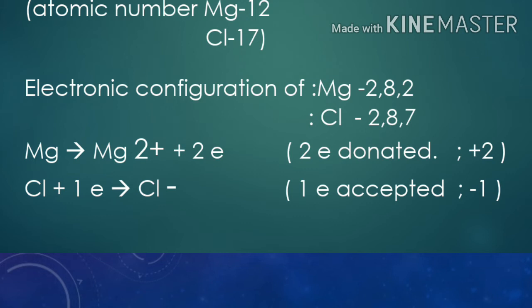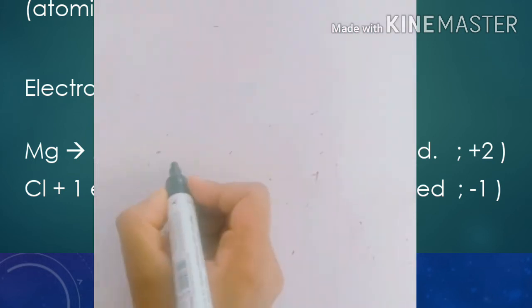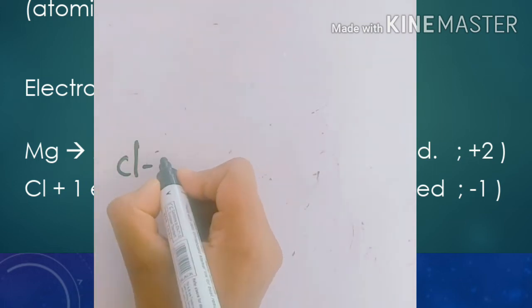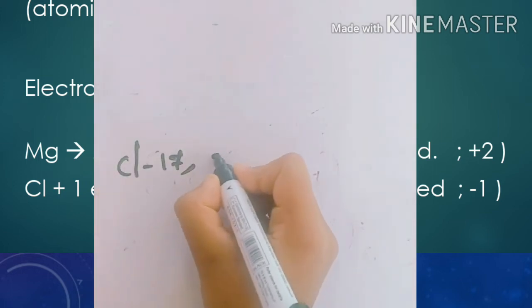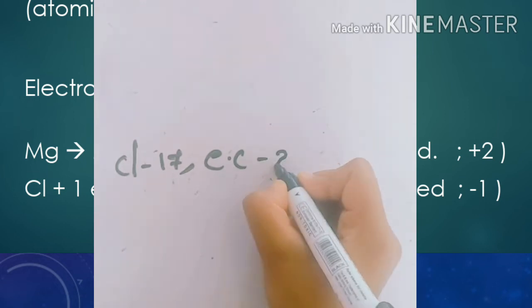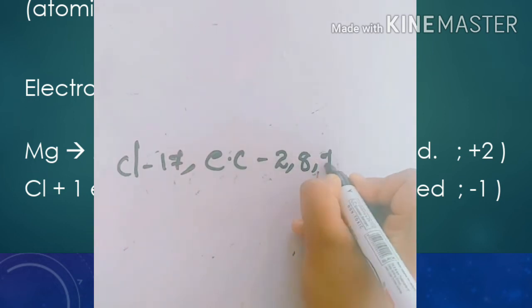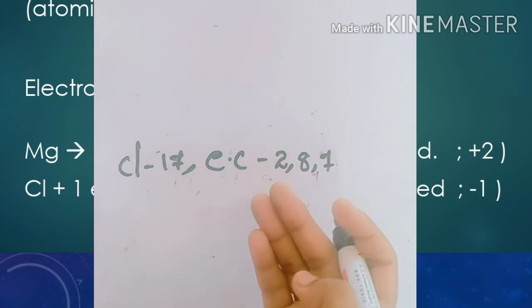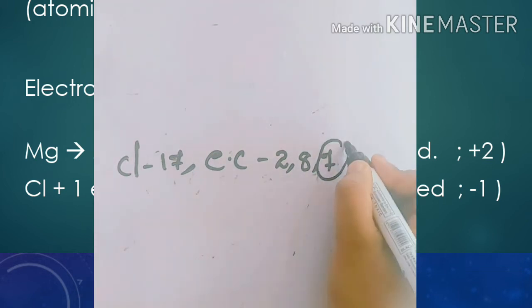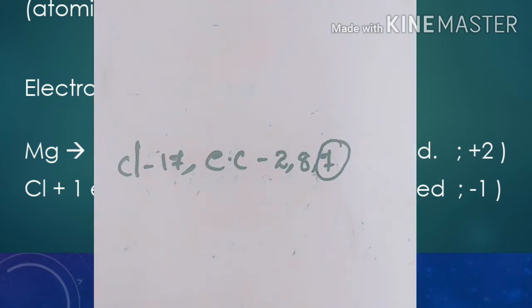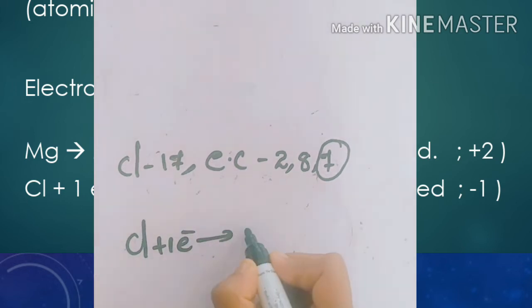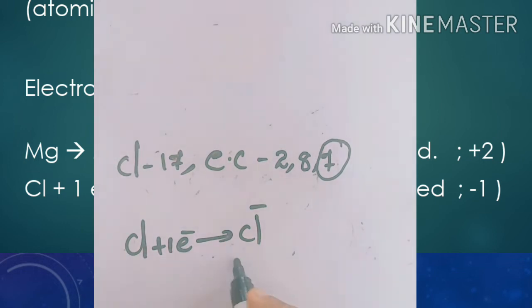Then in the case of chlorine, the atomic number is 17, so the electronic configuration can be written as 2, 8, 7. That means the outermost shell has 7 electrons. So it can attain stability by gaining 1 electron or by losing 7 electrons, but it is not easy to lose 7 electrons. From the outermost shell it is easier to accept 1 electron instead of losing 7.